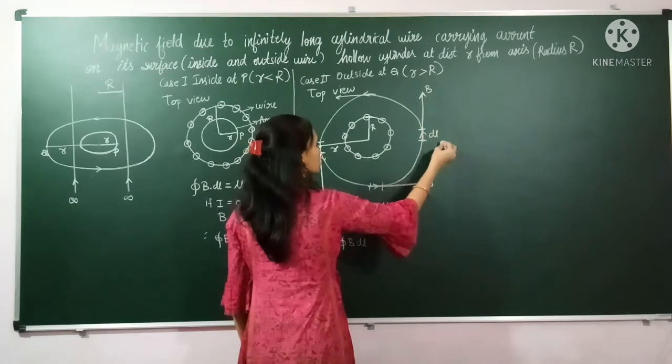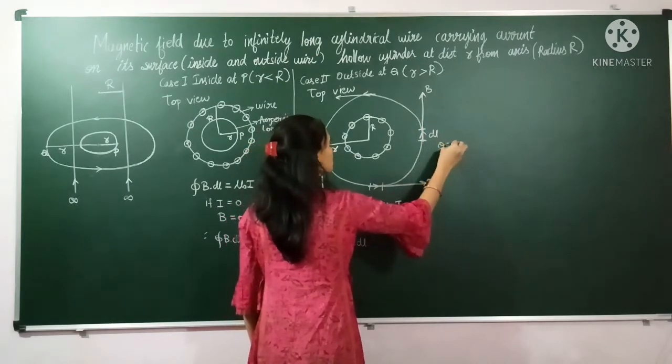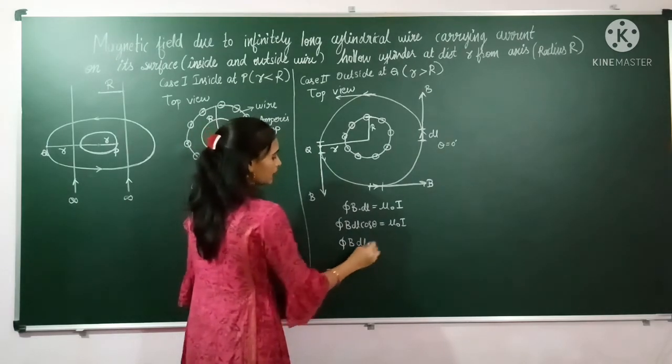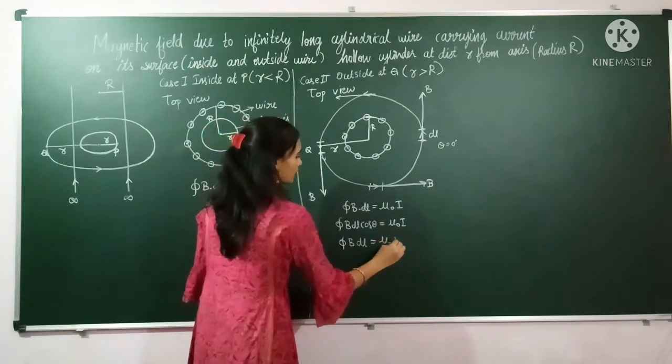Both are in the same direction, so in this case theta value will be 0 degree. So cos 0 value will be 1. So closed integral B dl is equal to mu naught I.